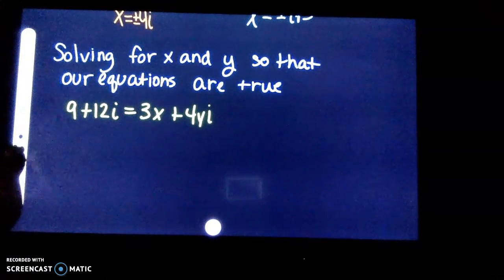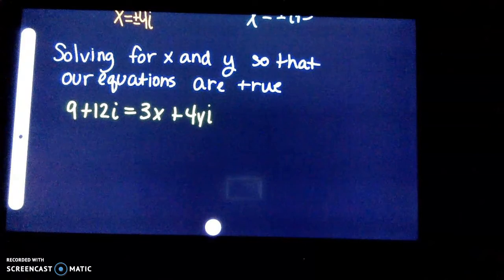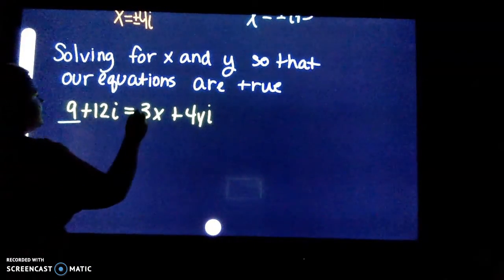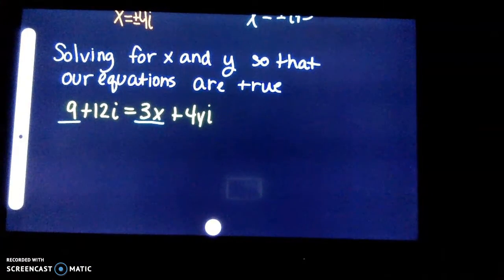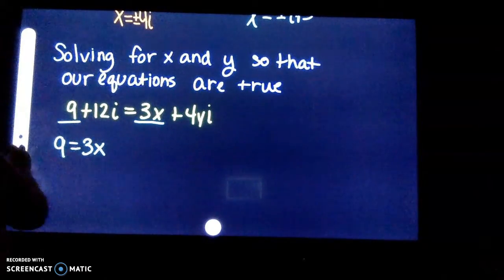When we do this, it's very similar to how we added and subtracted complex numbers. I'm going to set like parts equal to each other and then work backwards to solve for my variables. So here my two real parts are 9 and 3x. So I'm going to say 9 is equal to 3x.